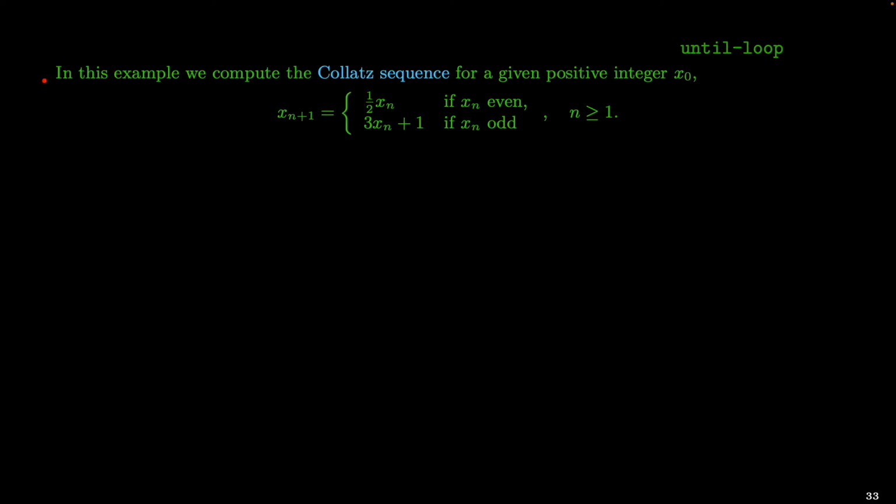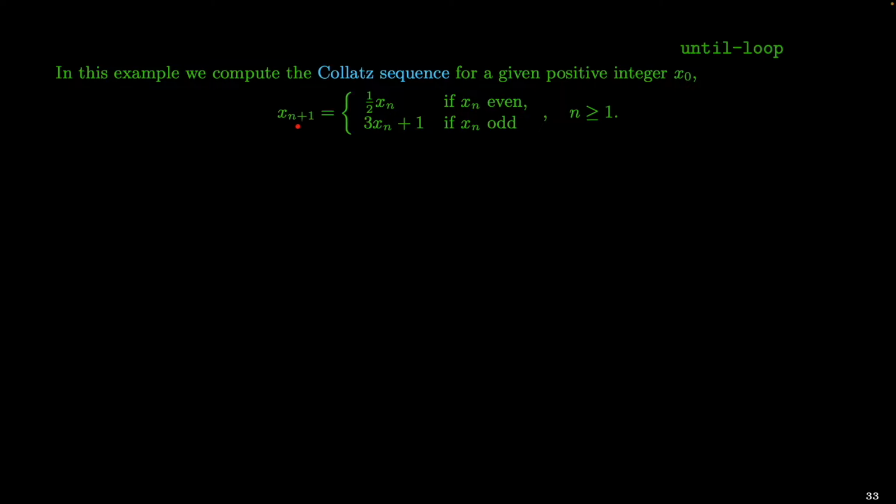Now we have an example for the until loop, and I want to compute the Collatz sequence with an until loop. It looks a bit complicated, but it's actually a classical computer science or mathematics problem. So for any given positive integer x0, we define the following sequence.